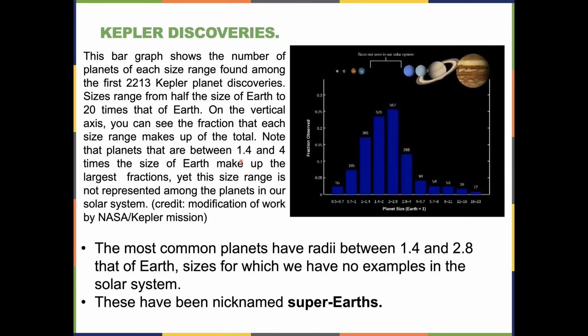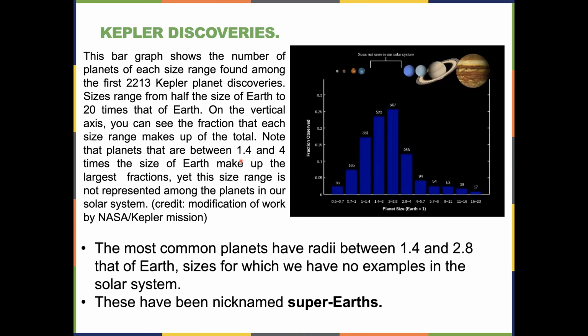Here are some of the key discoveries made by Kepler. This graph shows the planets discovered by Kepler. The bar graph shows the number of planets of each size range found among the first 2,213 Kepler planet discoveries. So these are 2,213 planets discovered by this Kepler telescope, and the sizes range from half the size of Earth to 20 times that of the Earth.